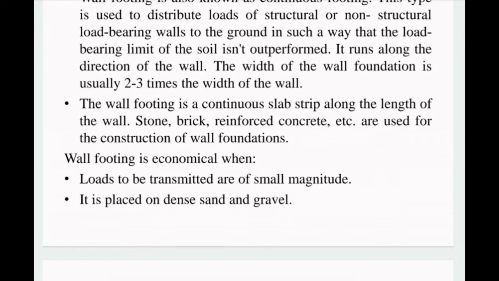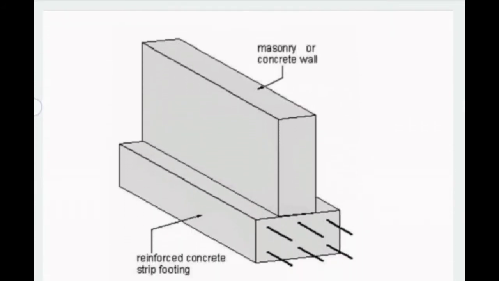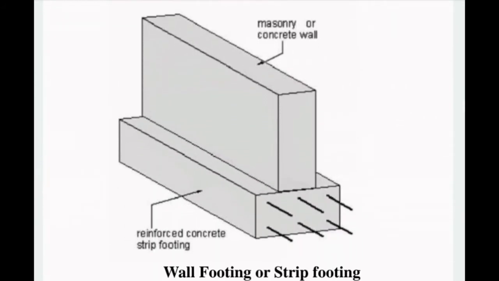It is a continuous slab strip along the length of the wall. Stone, bricks, and reinforced concrete are all used for the construction of wall foundation. We can say the wall foundation is economical when the load transmitted is of the same magnitude and it is placed on dense sand and gravel. This is the typical representation of the wall footing or strip footing.